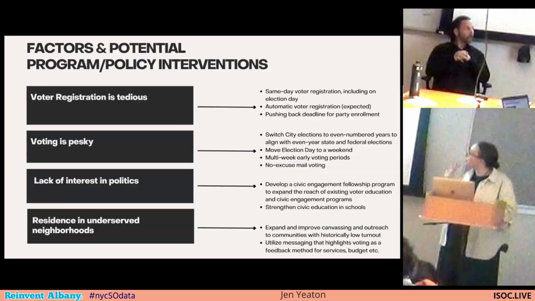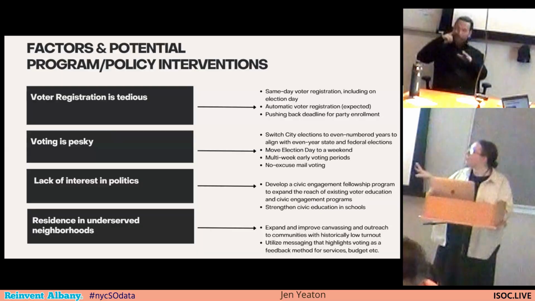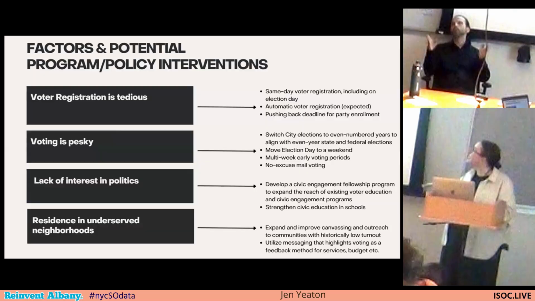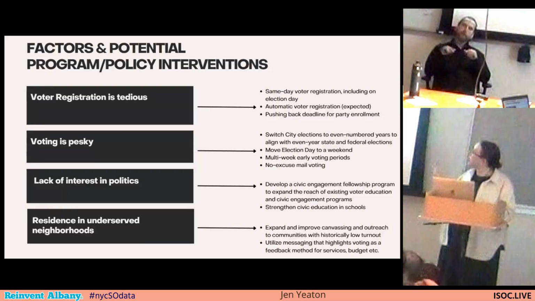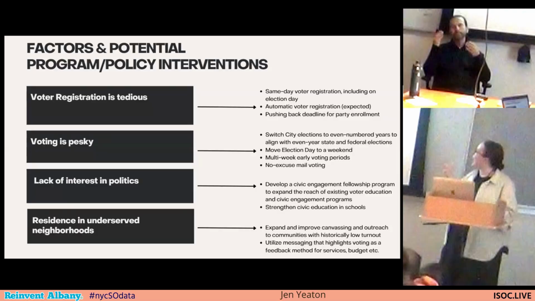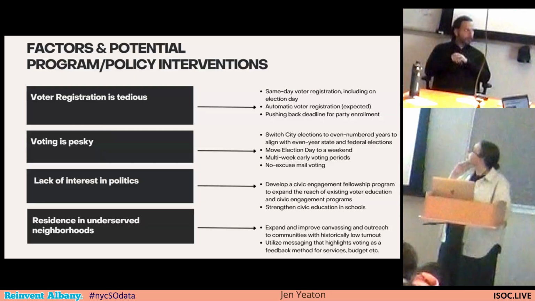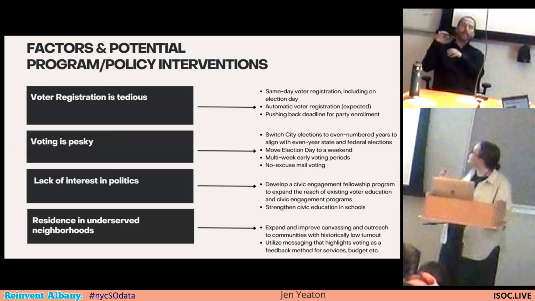So let's zoom back out. We drilled down into these factors, and now we can talk again about some of the potential policy interventions that open data could inform, and how we could measure their efficacy using open data that maps onto these factors. We've touched on a number of them already. It could be helpful to have same-day voter registration on election day, and automatic voter registration, which we're already expecting and is in the works.